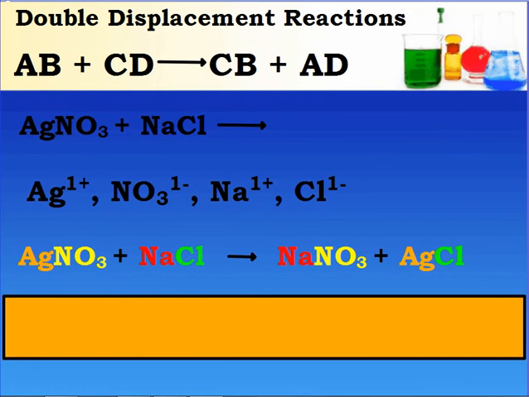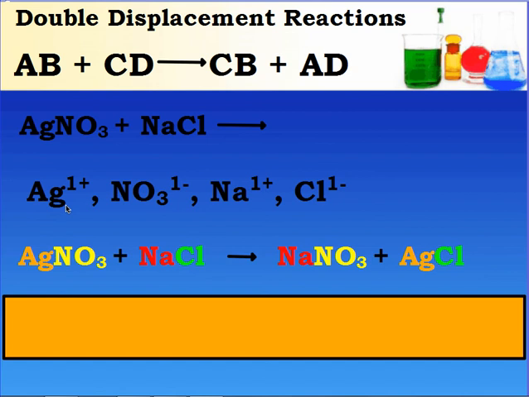Let's do an example. First thing, again looking at our general equation, notice all we've done here is that the A and the C have switched places. Well, here I've got two ionic compounds. My A and C here are silver and sodium. I want to switch places, but the first thing I'm going to have to do is split those ionic compounds into their individual ions.